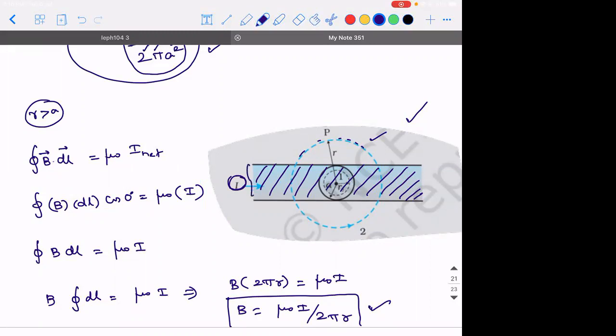Because current is flowing only inside that conductor, and this current is distributed over the cross-sectional area pi a square. Correct? Whereas when only some part of the region is involved, in this region we need to find how much the current is. It is definitely not going to be total current I, rather it will be lesser current. That is the reason why we did it there.